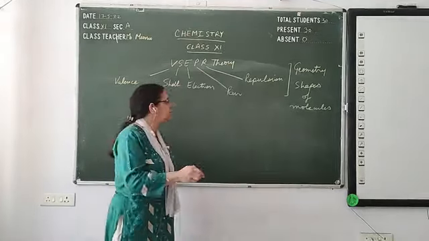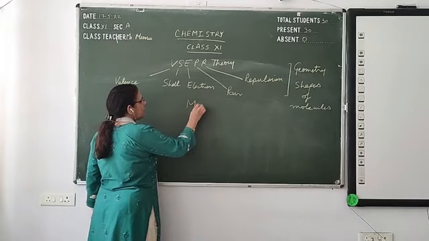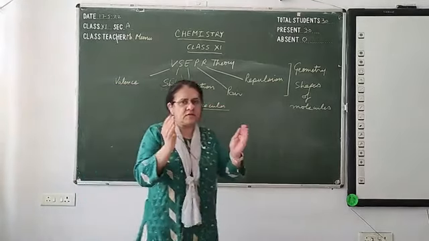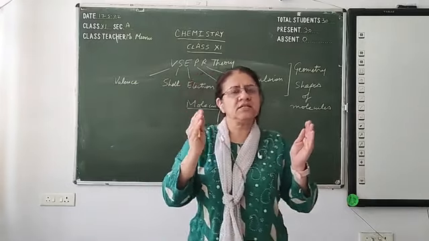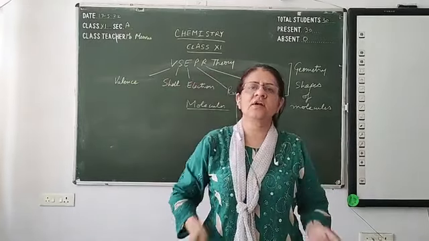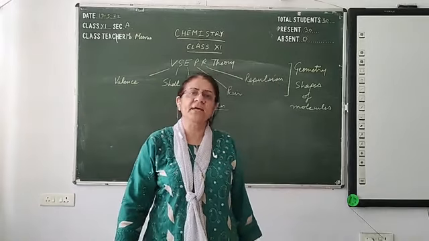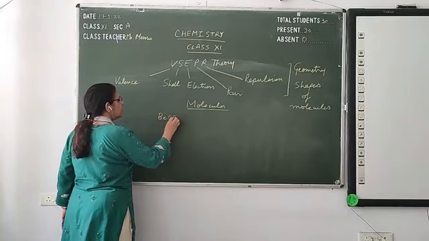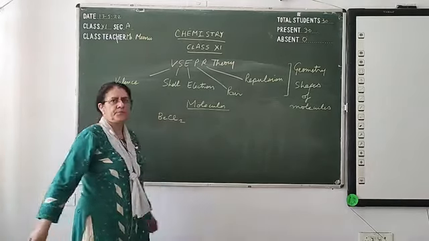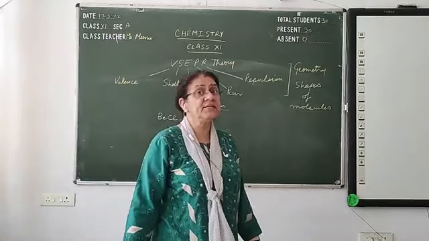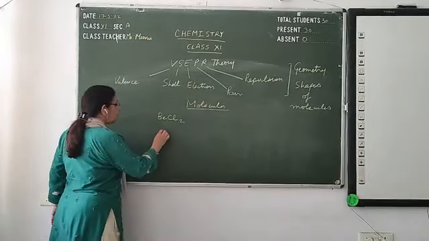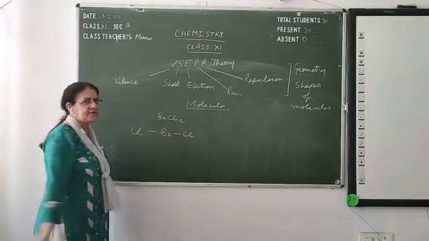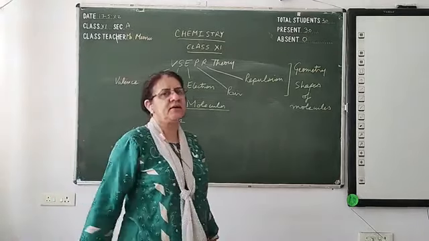Please understand that in molecules there is a central atom, and that central atom is surrounded by electron pairs. Let us take the example of BeCl2. In case of BeCl2, if we draw, then we can write like this. Which is the central atom?